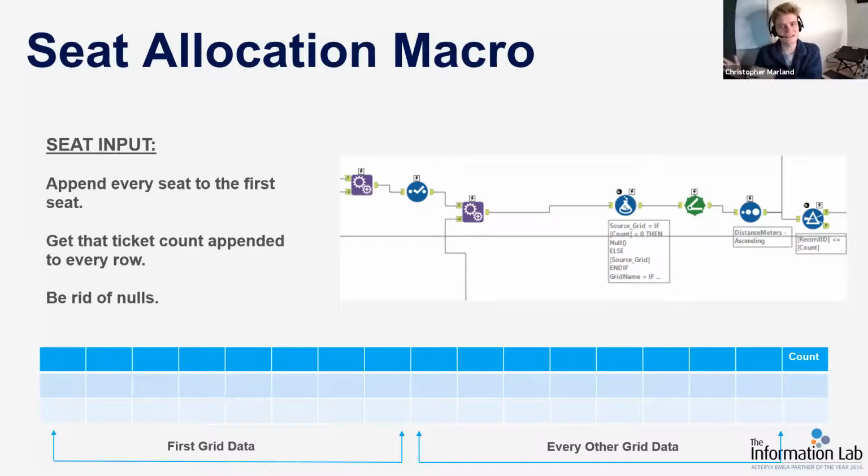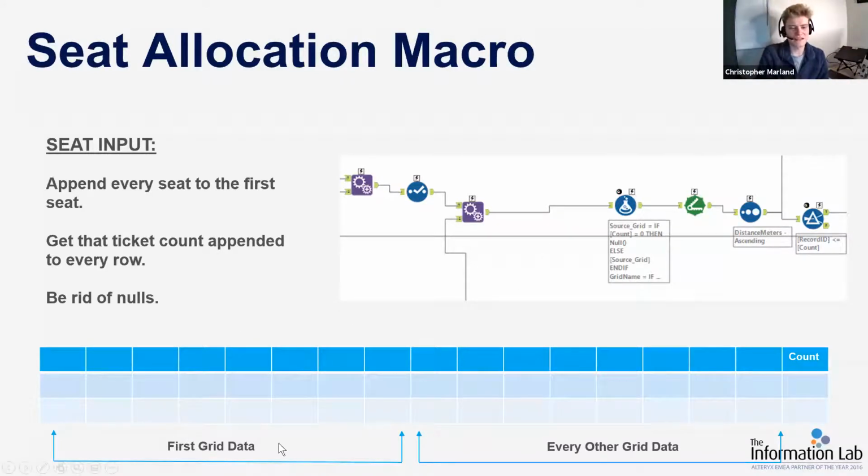So then we've got 3 seats: seat number 1, and then the 2 closest seats to that. And we know that because we've got the count of 3, and you can see here, we just do record ID is less than or equal to count. That's how we know, because obviously the closest seat to seat number 1 is going to be seat number 1. So that's how we know seat number 1 is going to get through.